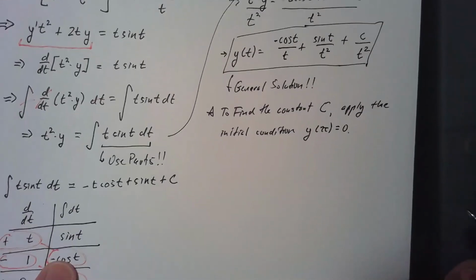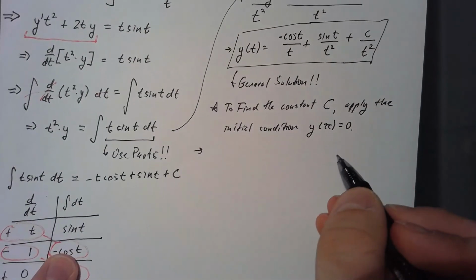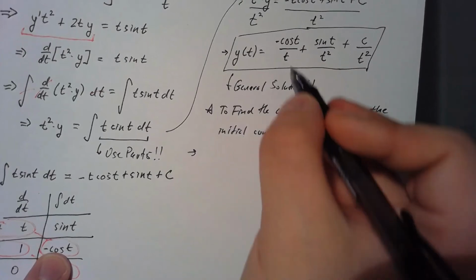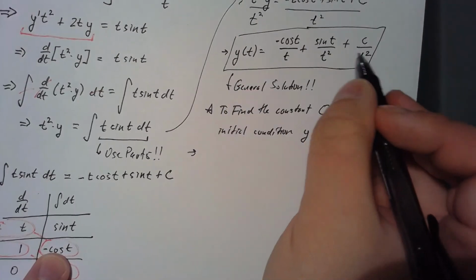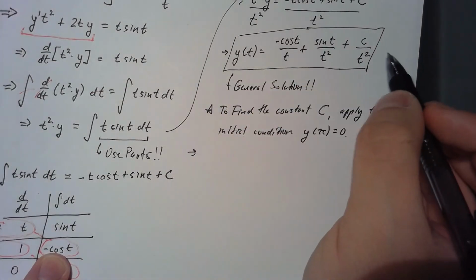All right. So plug in pi here, and when you plug in pi for t, you're going to set that equal to 0.